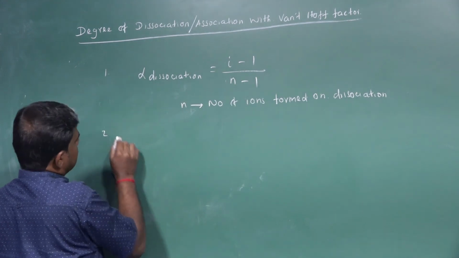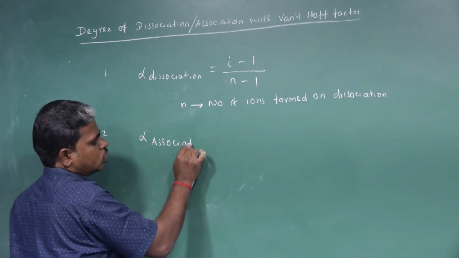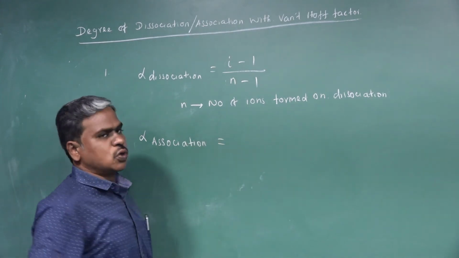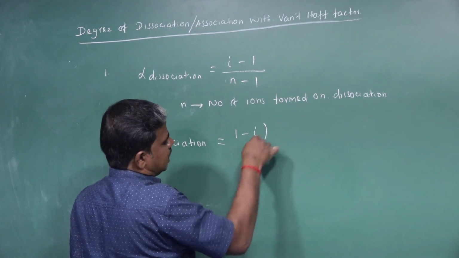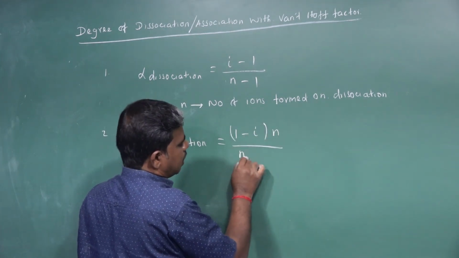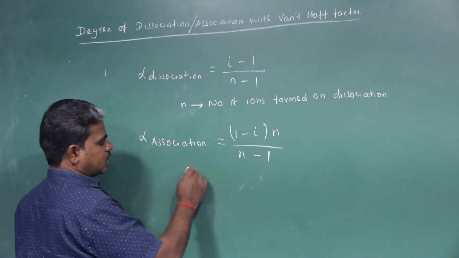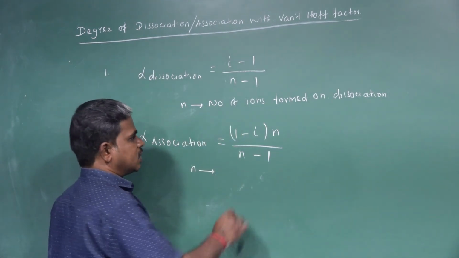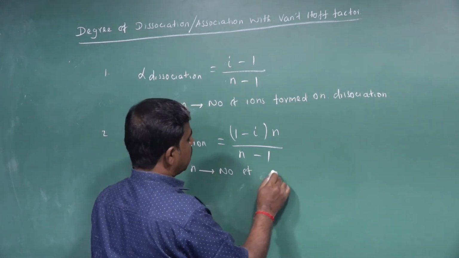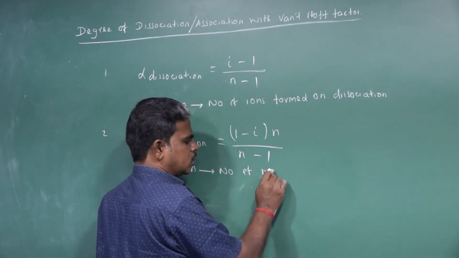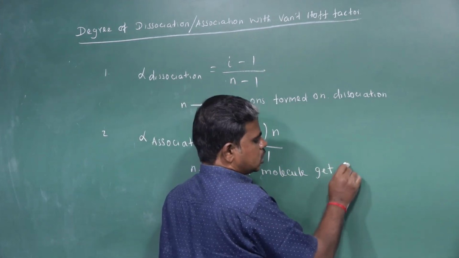Now the degree of association is equal to (1 minus i) times n divided by (n minus 1). Here also i is the Van't Hoff factor, and n represents the number of molecules that get associated.